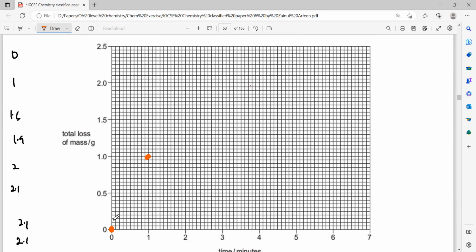2 boxes equal 0.1, so one box is 0.05 for the y-axis. So this is 1.5 and the 2 boxes above will be 1.6. Then at 3, it is 1.9, so 2 boxes below 2. Then at 4, it is 2.1.